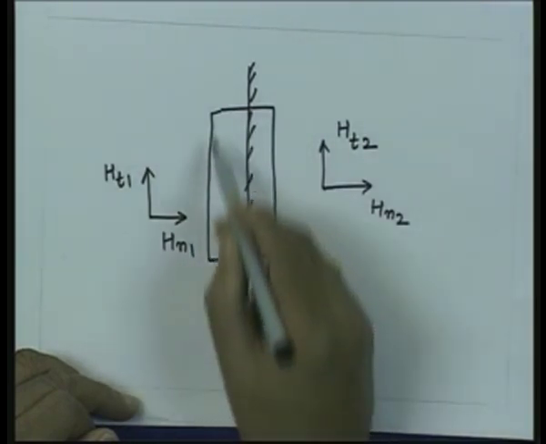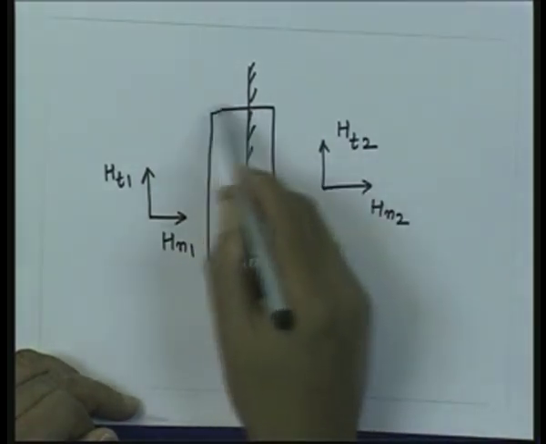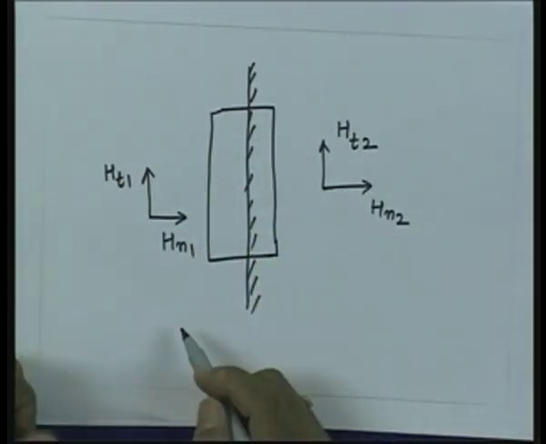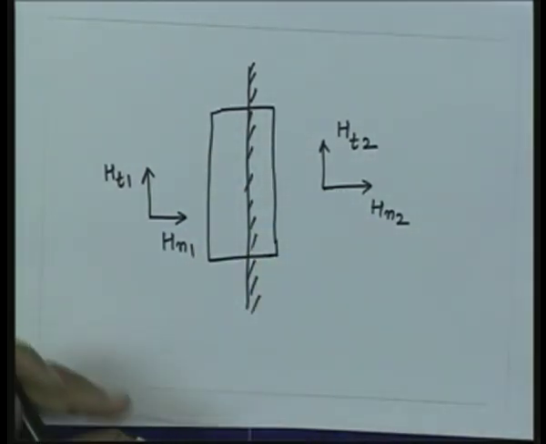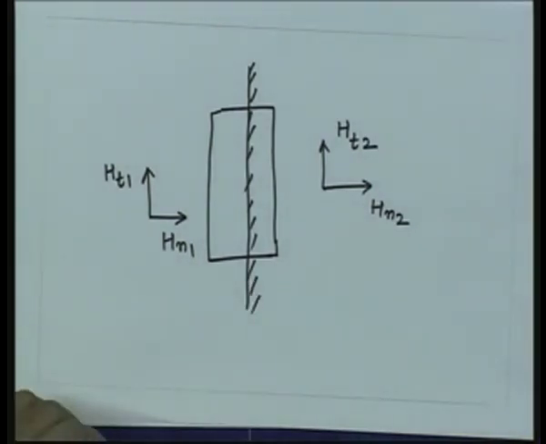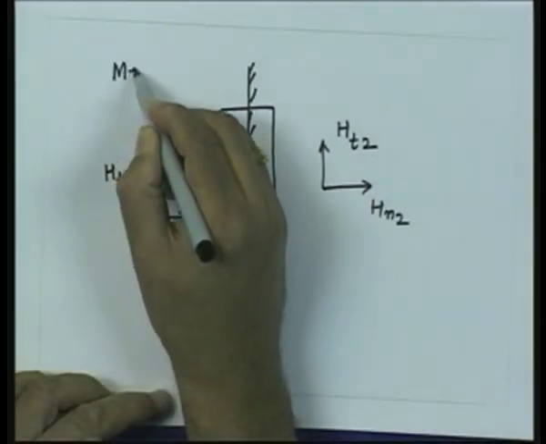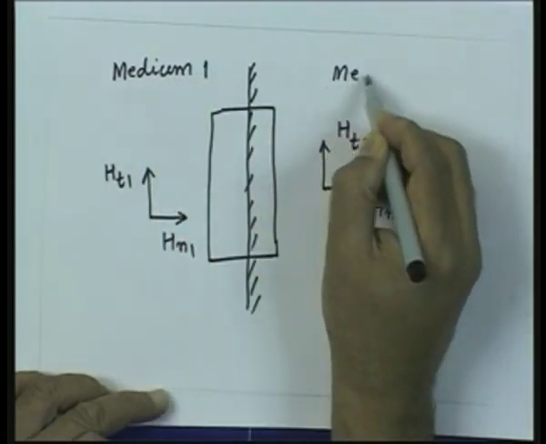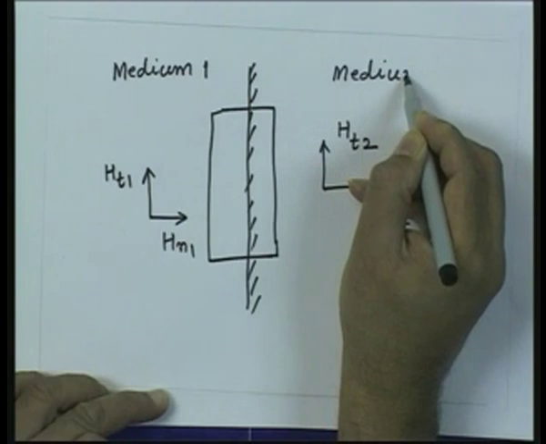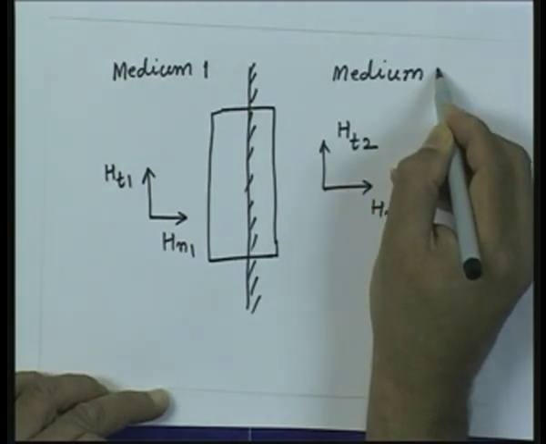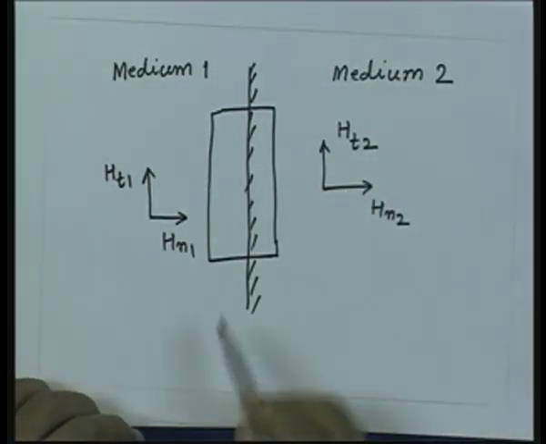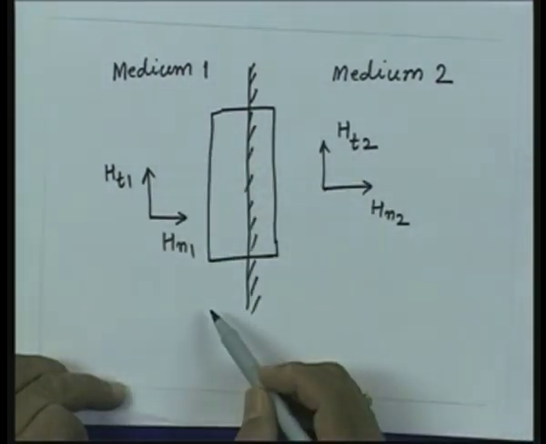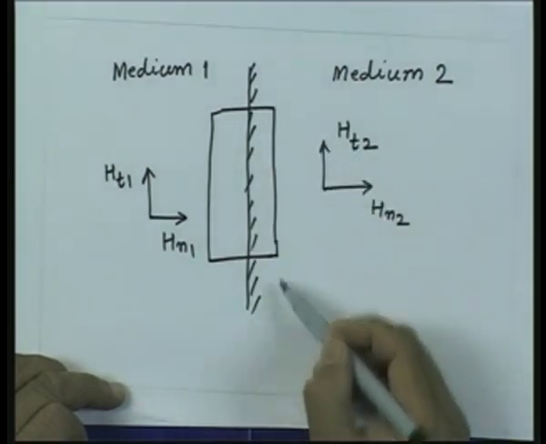So I find the line integral of H around this loop, which is the magnetomotive force around this loop, and that should be equal to the total current enclosed by that loop. So this is medium 1, this is medium 2, and if I find the line integral as we did in the previous case, the line integral contribution is going to come from this side and from this side.